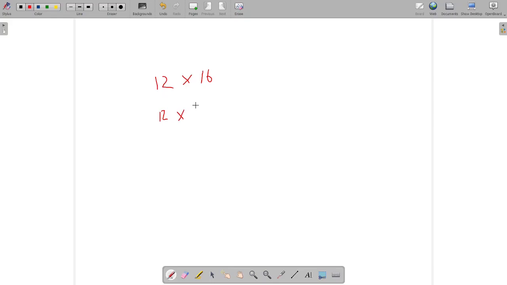I'm going to add a bracket here because this is about the 16. 16 is the same as 2 times 8. Okay, and now we don't need the brackets because we are multiplying the numbers, as you should know before. It doesn't matter what order we do it in. So then what we can do is 12 times 2, which is 24, and then times that by 8, and that will be your answer.